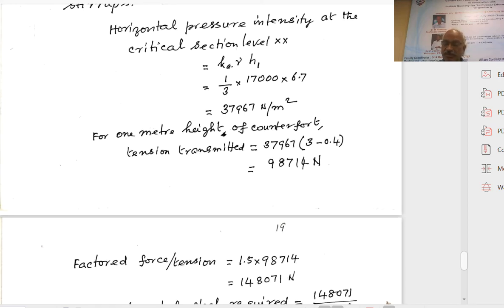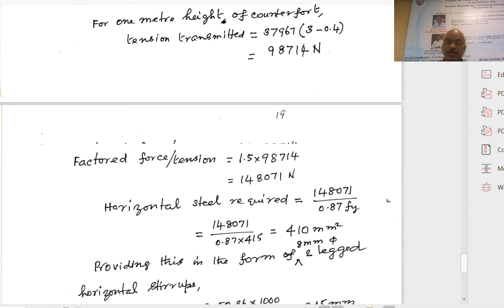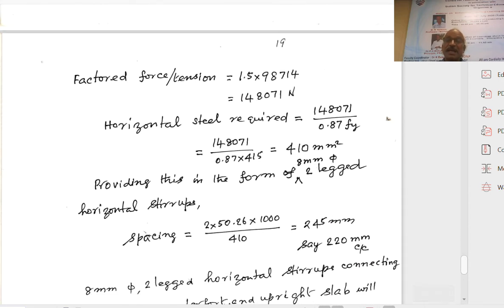This multiplied by the partial safety factor will give you 148071 Newton. So this is direct tension. It is trying to cause a pull at the junction between the upright slab and the counterfort. It is going to cause tension, a direct tension.